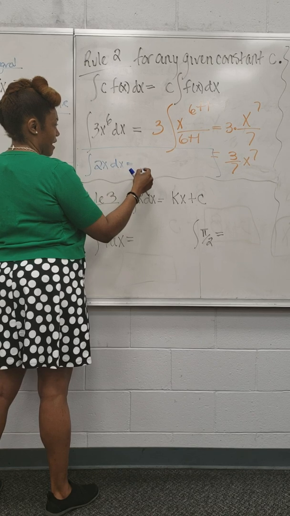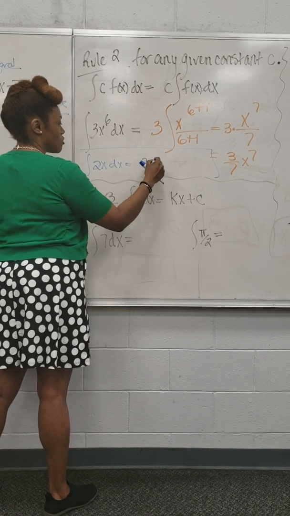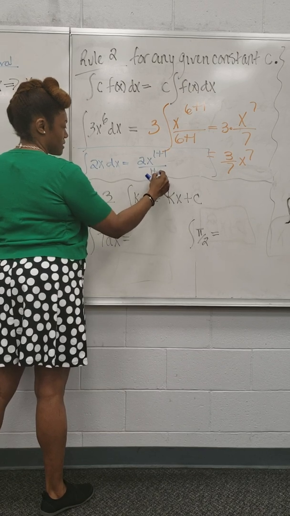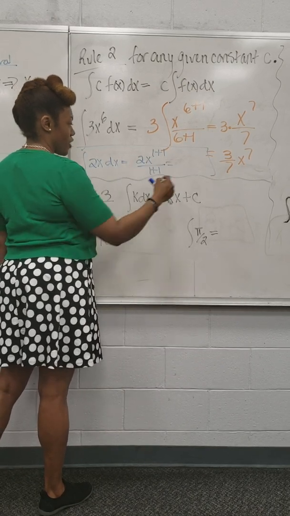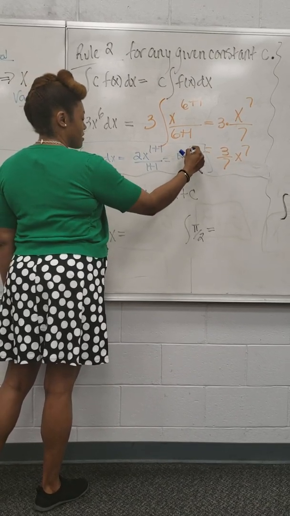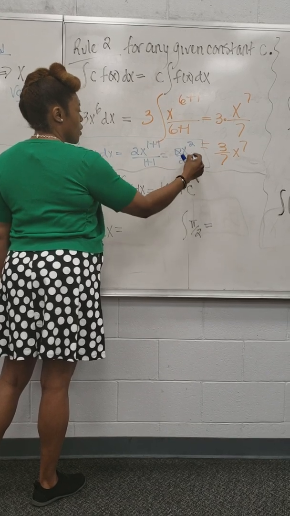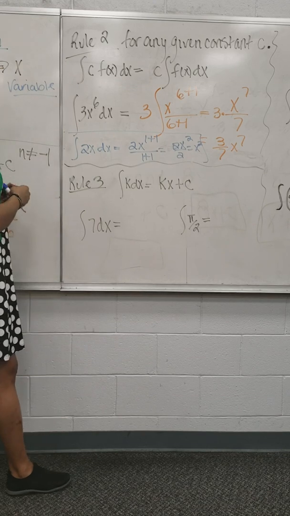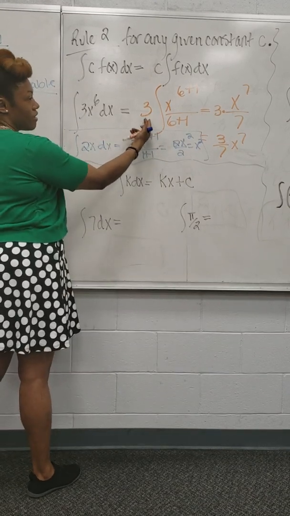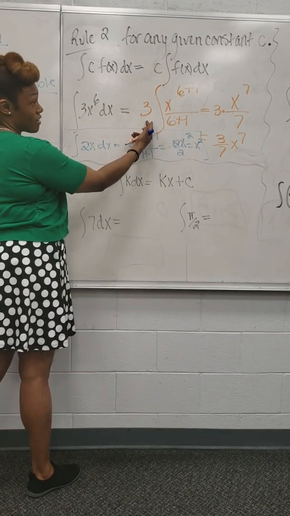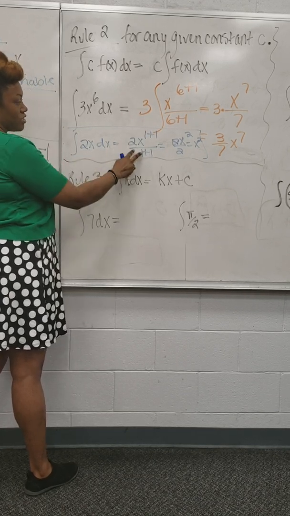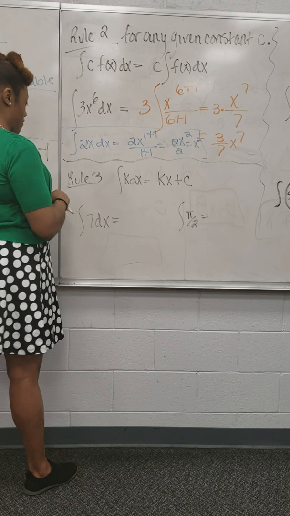I usually just say this will be 2 times x to the 1 plus 1 over 1 plus 1, which gives us 2x squared over 2, which just gives us x squared, right? So you may pull the leading coefficient out if you like, but if you do not want to, that's fine. You can just simply do the antiderivative.